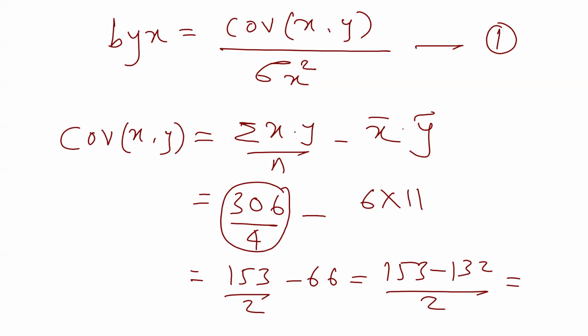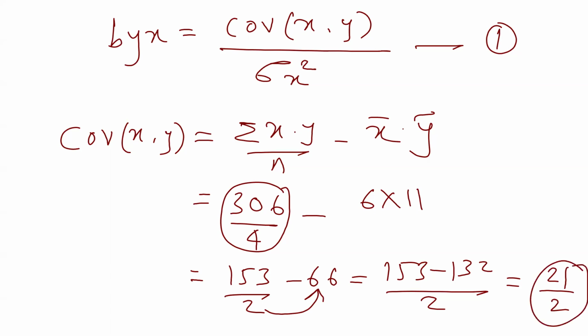I hope everybody understood this. Take the LCM over here, 2 into 66, 132, and 153 minus 132 will give you 21. So 21 upon 2. As I said, for covariance and variance, do not keep it in decimal. Keep it in reduced fraction.